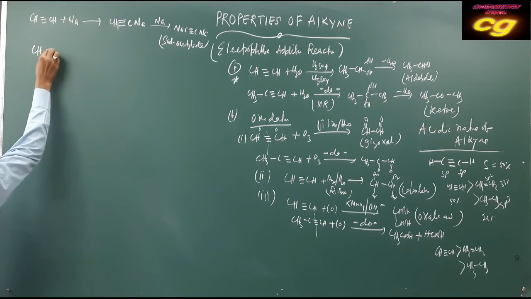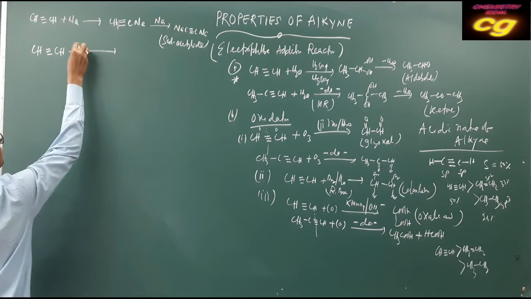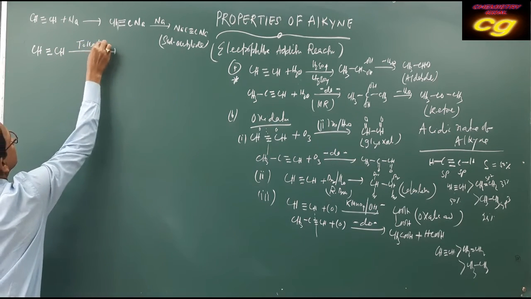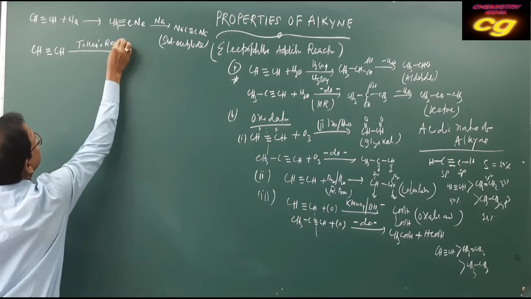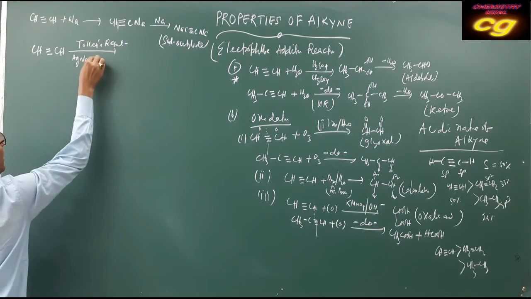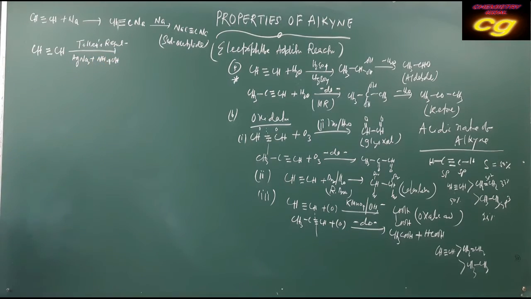If the same acetylene reacts with Fehling's solution or Tollens reagent, Tollens reagent is silver nitrate and ammonium hydroxide.